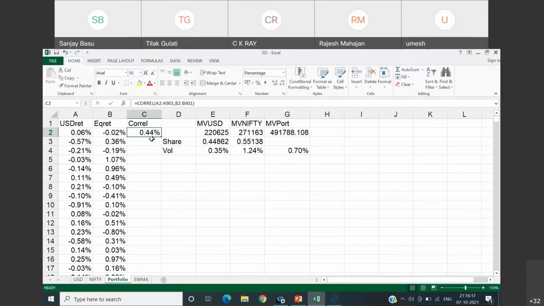Gold is a classic example here. So as equity markets crash, equity markets decline, gold and silver prices tend to shoot up. As a result, the overall portfolio volatility is medium.